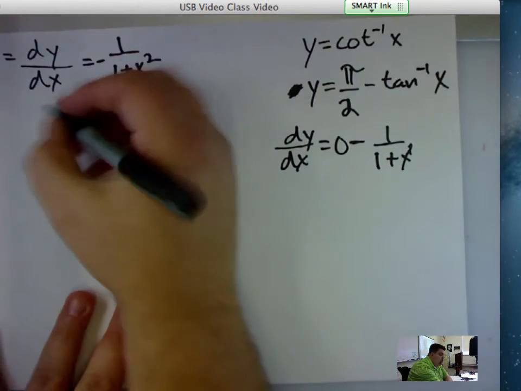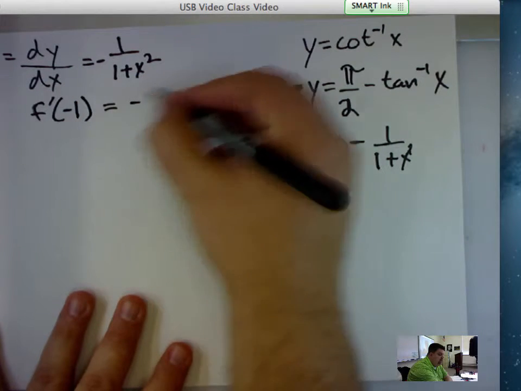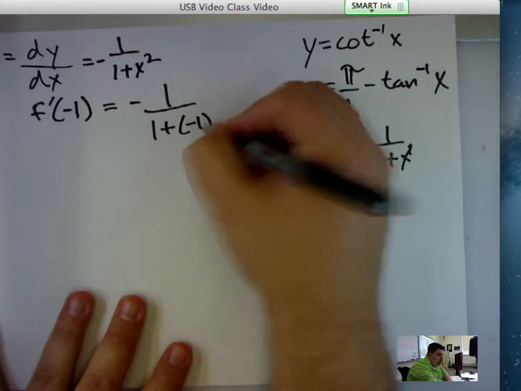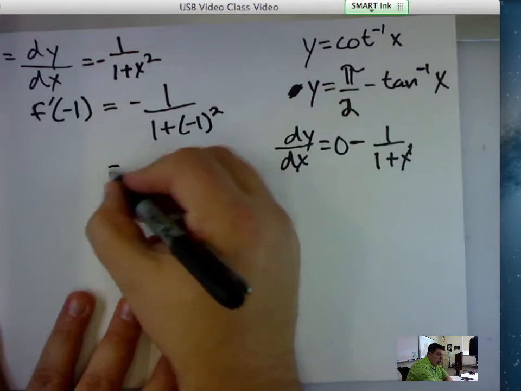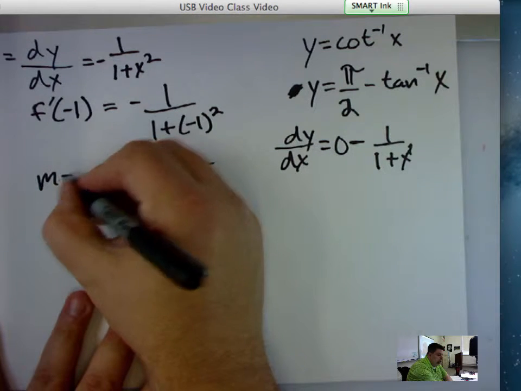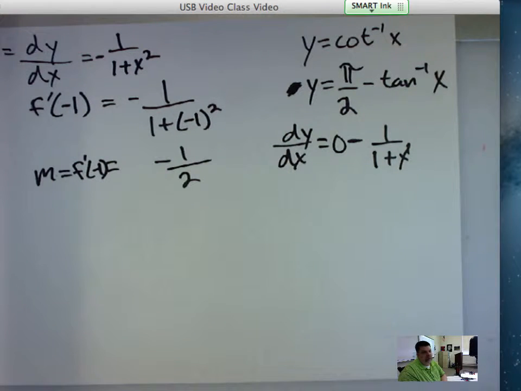So f prime of -1 is equal to negative 1 over 1 plus -1 squared. Can somebody tell me what I just did and why I did it? You squared the -1 and added it with the 1. Just took a derivative, one derivative.